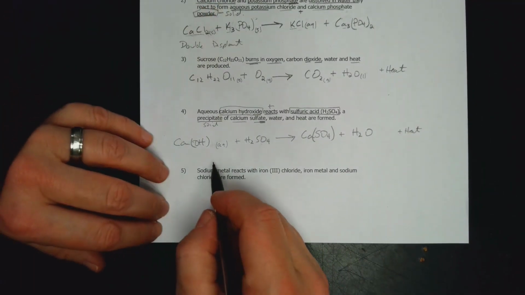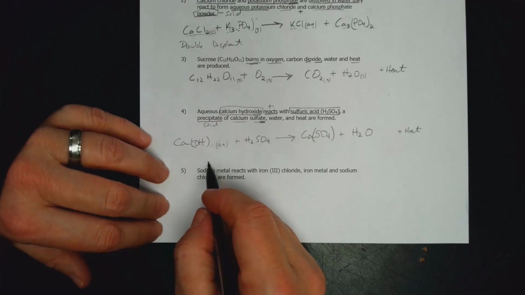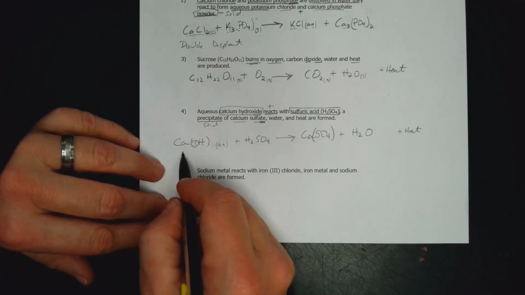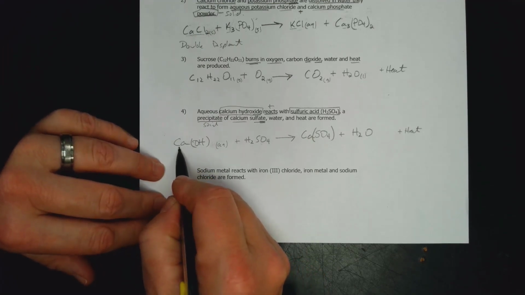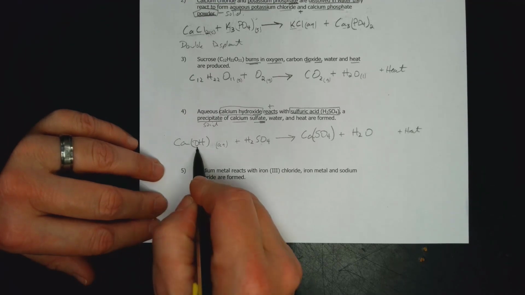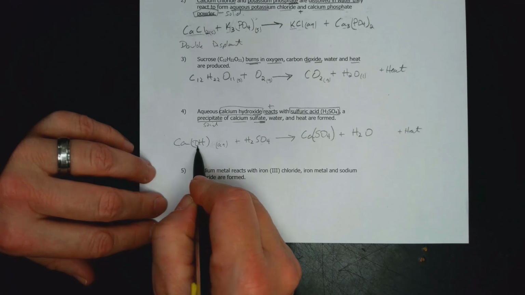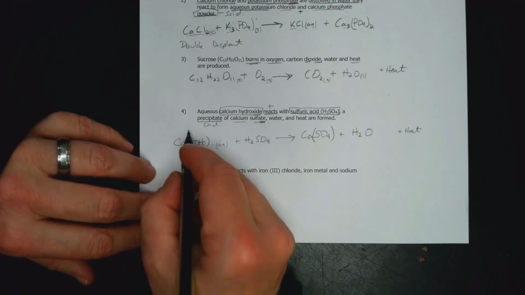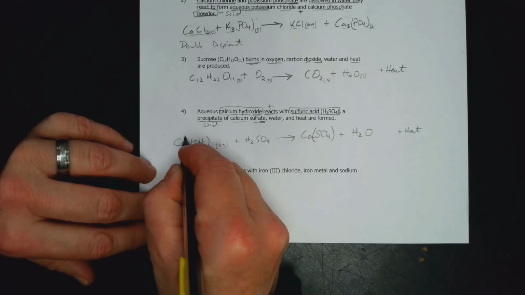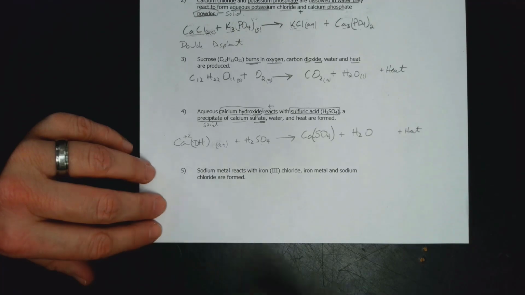Okay. Now, the first thing I have to do is figure out, do I have any ionic compounds? Well, calcium is a metal. It's an alkaline earth metal. Hydroxide is a polyatomic ion, so we know that this is nonmetal, so we know that this is ionic. It's an alkaline earth metal, so it has a 2+ charge.